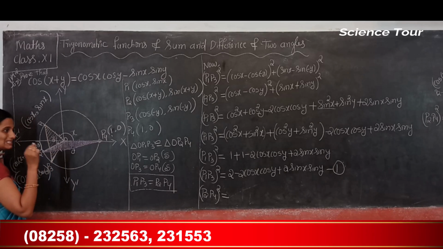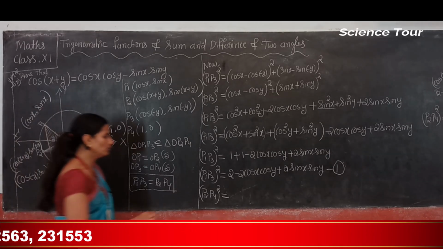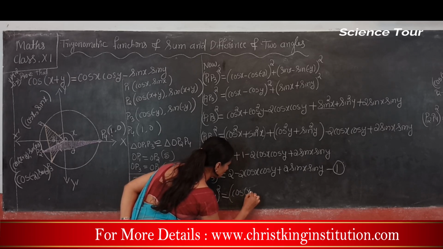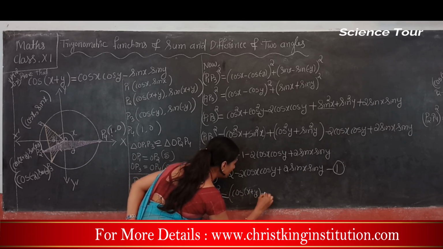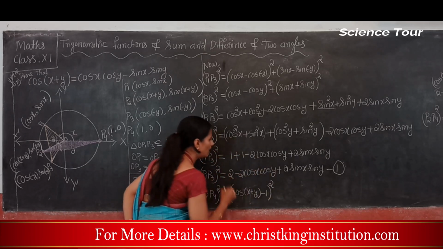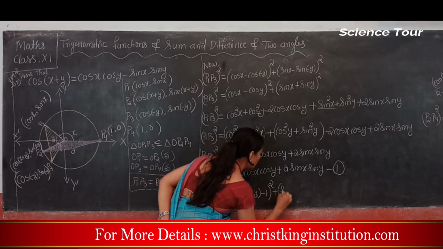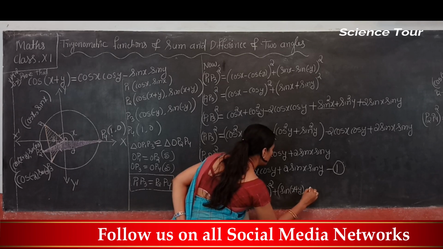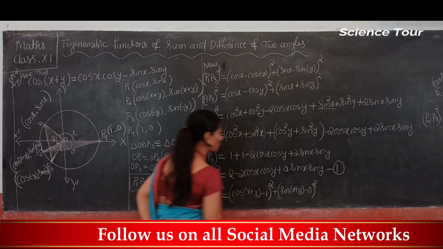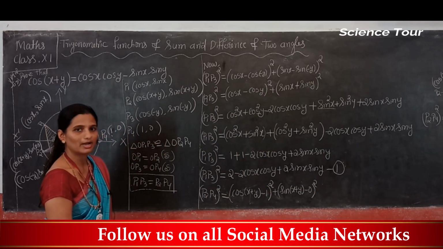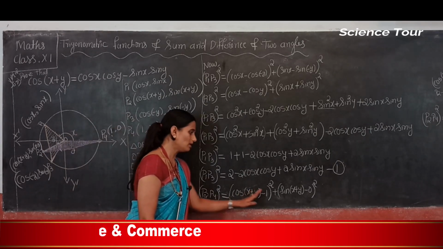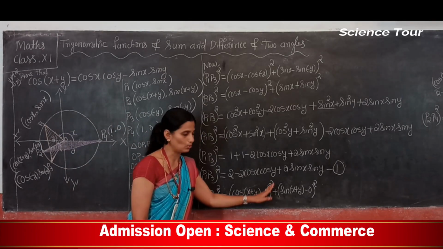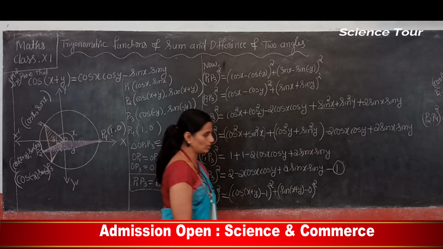So using the distance formula, it is cos(x plus y) minus 1 whole square plus sin(x plus y) minus 0 whole square. So it is x1 minus x2 whole square plus y1 minus y2 whole square.